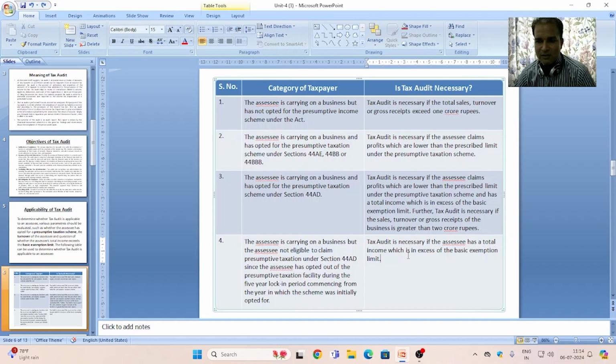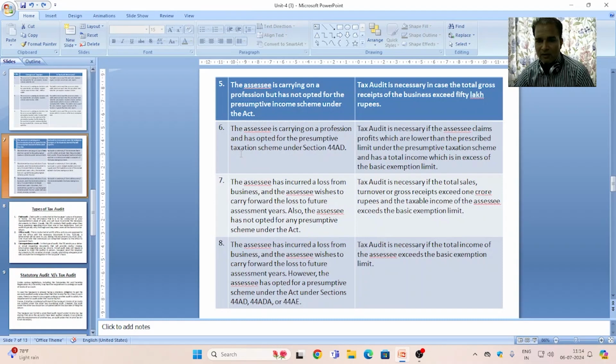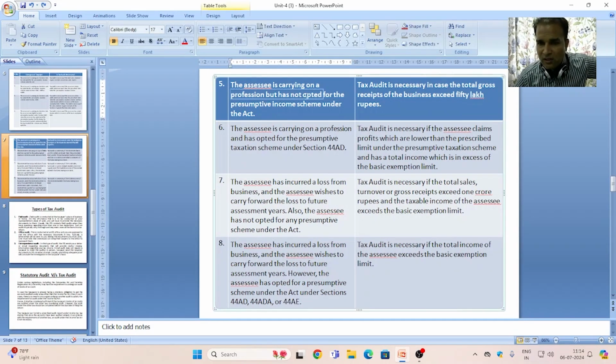In all these cases, there is compulsory tax audit, but with some conditions. After that, we analyzed profession in the fifth category, profession again in the sixth category, and in the seventh and eighth categories, business with loss. For all these categories of taxpayer, we related the necessity of tax audit.